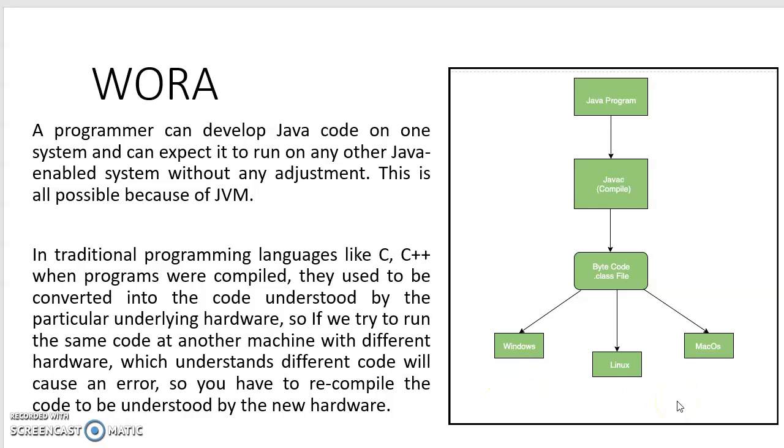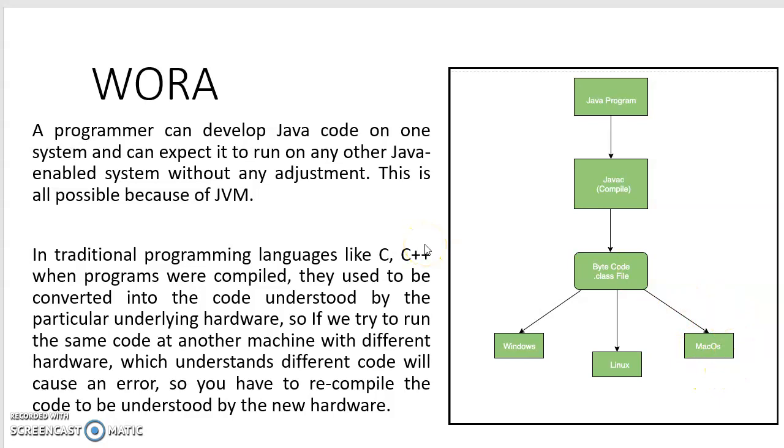Now, what is basically implied by write once, run anywhere is that you can write a Java program in a certain way, and it would be up to the individual systems to run it on their own. That is the concept of write once, run anywhere. What it means is that the same program that is written over here can be run in different ways in Windows, Linux, and Mac OS.